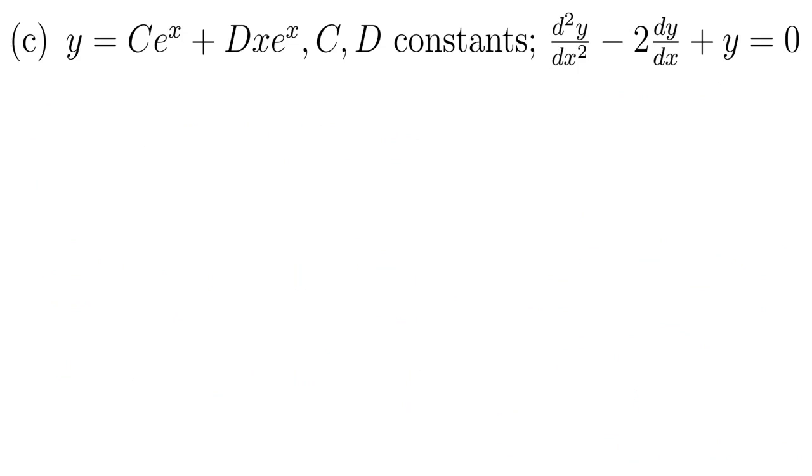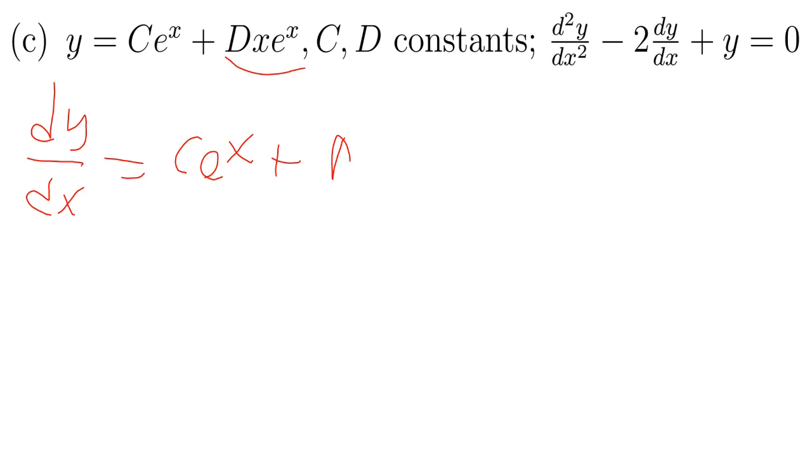Now let us look at the very last question, c. So you are going to differentiate your y to obtain c e to the x plus, here you are going to apply the product rule, so you have d e to the x plus dx e to the x. But you observe that if you end it here, then you are only going to have a replacement for dy dx.